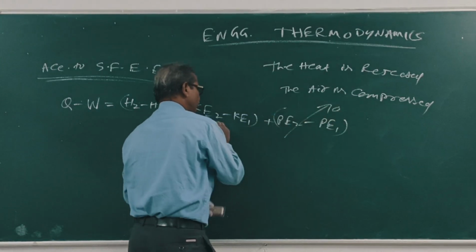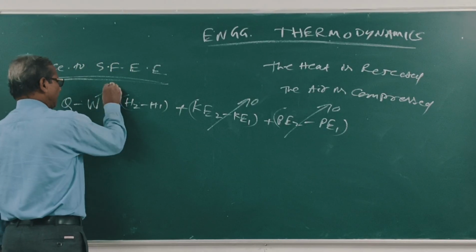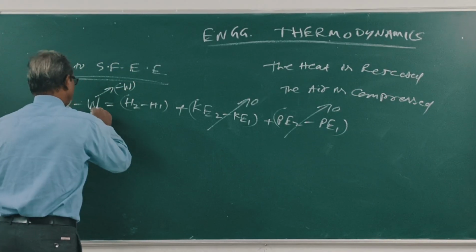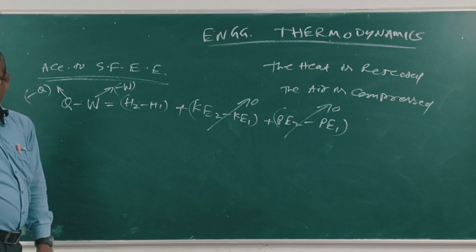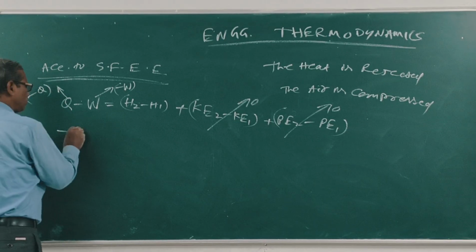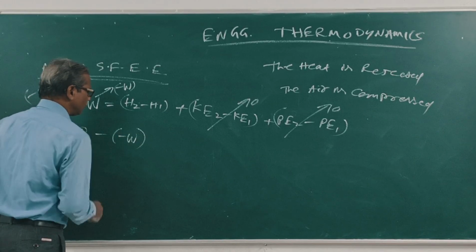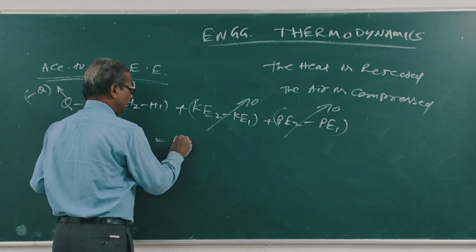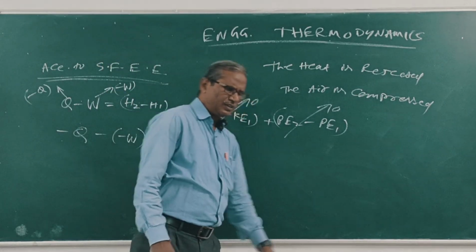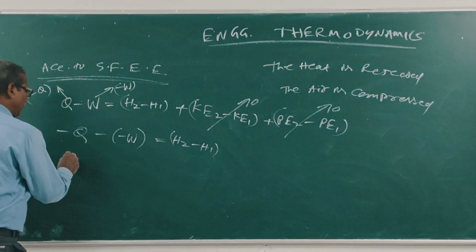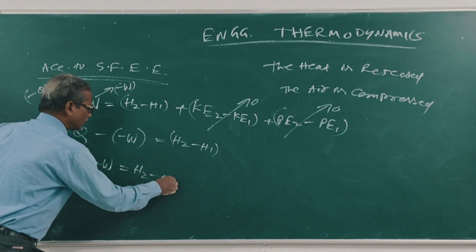This is 0, this is 0, W becomes minus W, Q becomes minus Q. So minus Q minus minus W is equal to H2 minus H1.